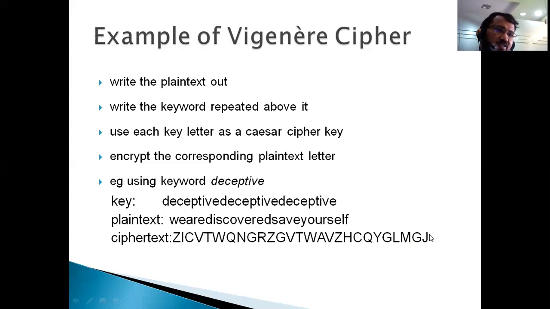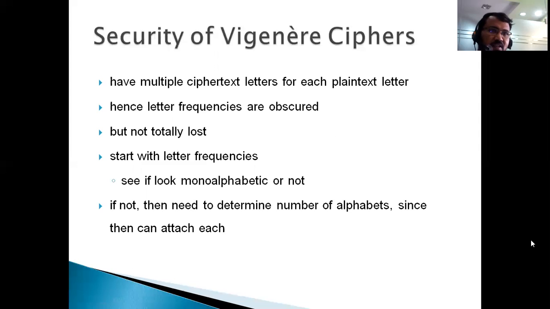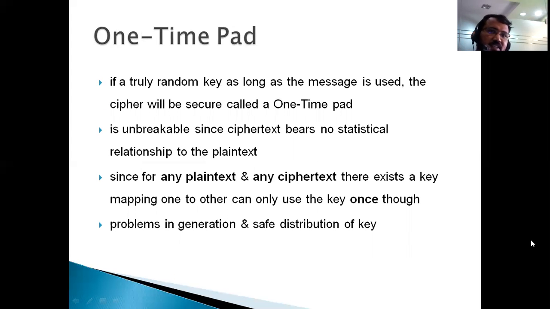Like that we are going to generate the cipher text. Because of this Vigenere cipher, it is unpredictable which characters will be substituted by which one. Hence it is very difficult to use letter frequencies on the polyalphabetic cipher.